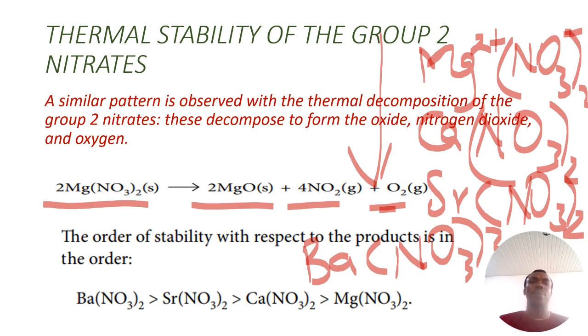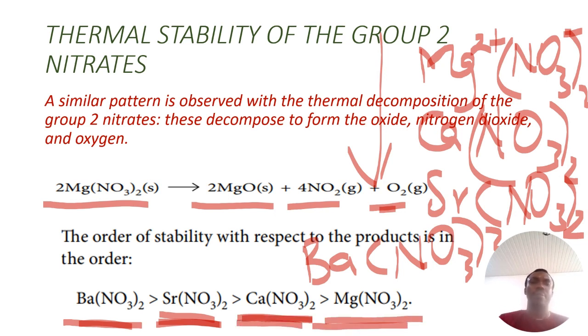So the order of stability: barium nitrate is more thermally stable than strontium nitrate. Strontium nitrate is more thermally stable than calcium nitrate. Calcium nitrate is more thermally stable than magnesium nitrate. So magnesium nitrate will have the lowest decomposition temperature, while barium nitrate will have the highest decomposition temperature as a result of the extent to which they are polarized.